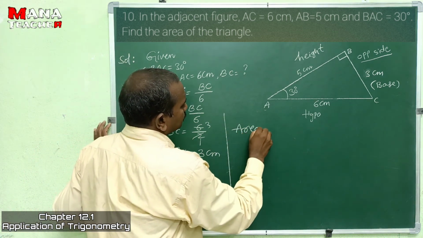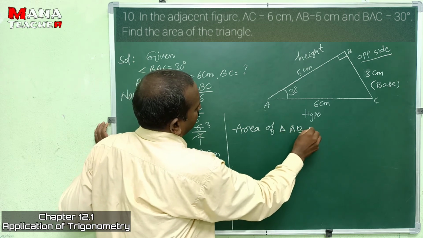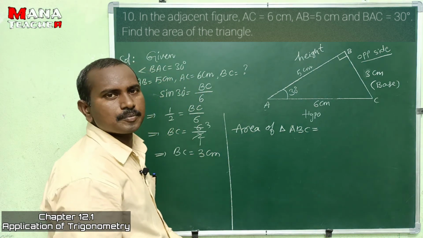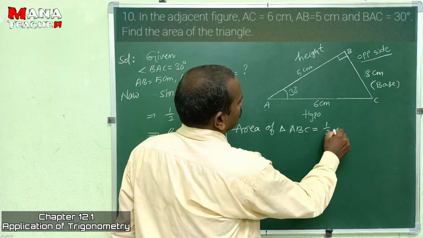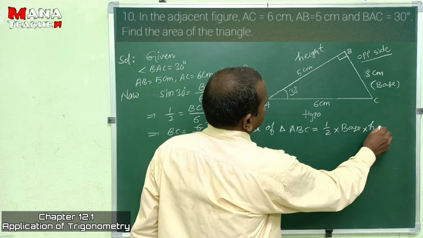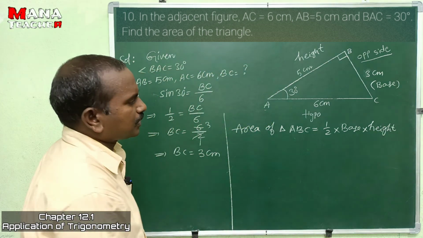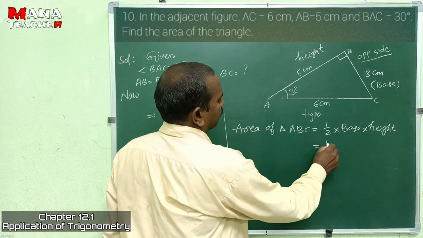Area of triangle ABC equals half into base into height. Now substitute the base and height in this equation.